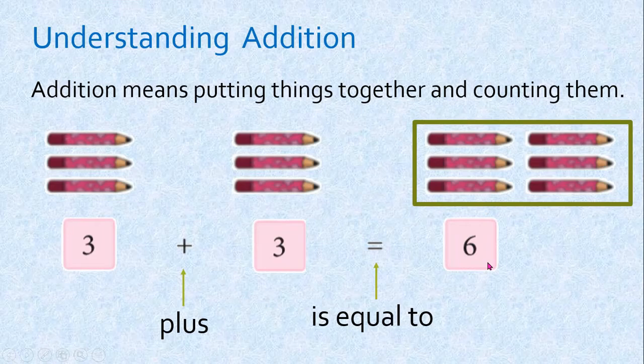Here, the result we obtain after adding two numbers is called sum. Therefore, 6 is the sum of 3 and 3. This is what is called as addition.